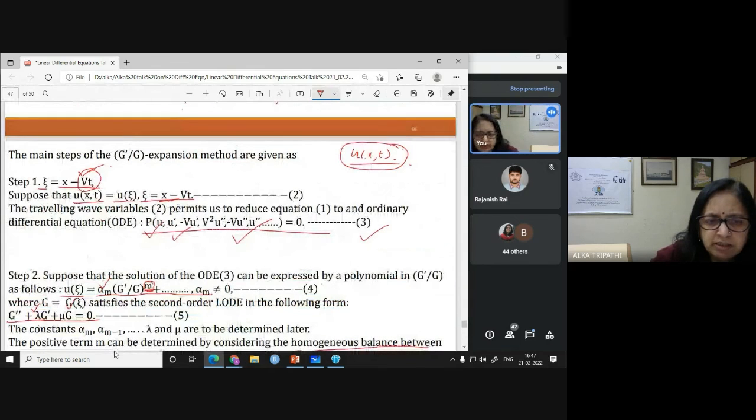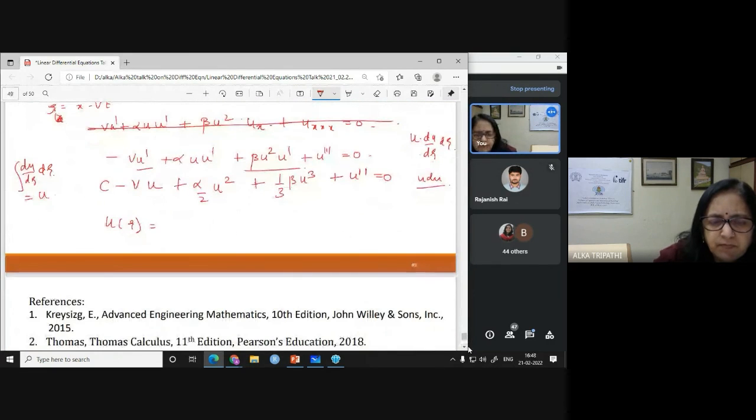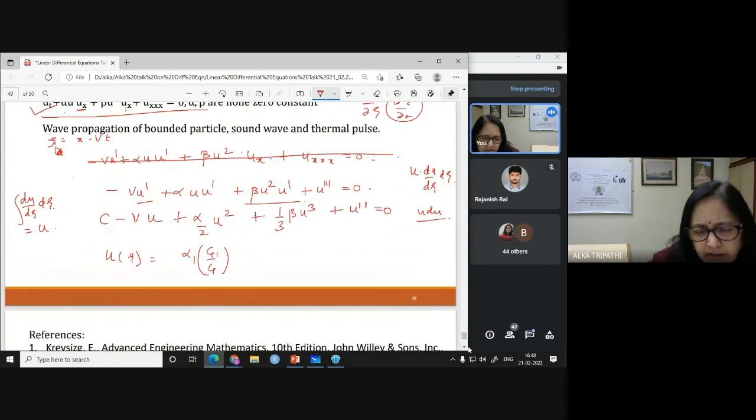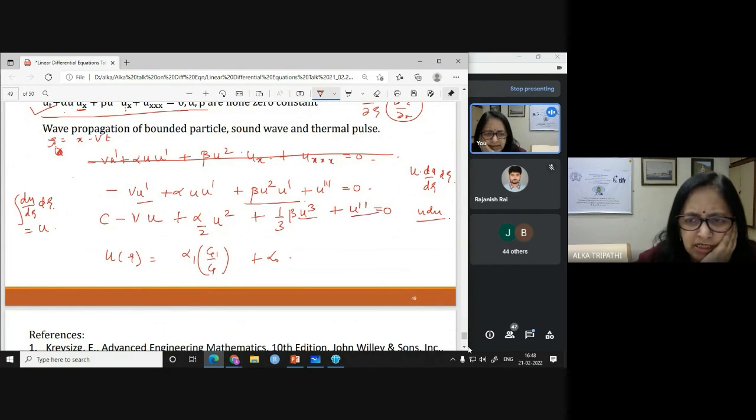So we will assume our solution to be alpha 1 g dash by g, that is, I am considering m as 1. The reason is, you can just see u cube and u double dash: the highest derivative is 2 and the nonlinear part is 3. So the balance will be m equal to 1. So we will consider u(ξ) equal to this value.